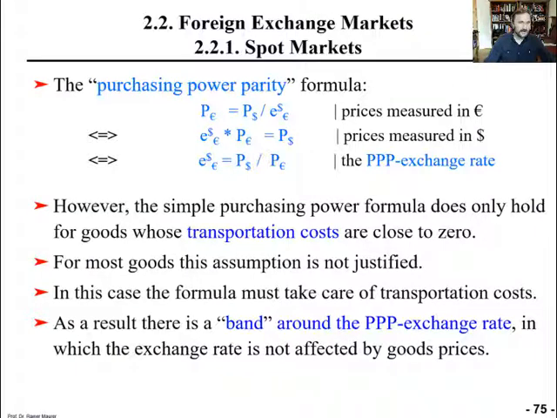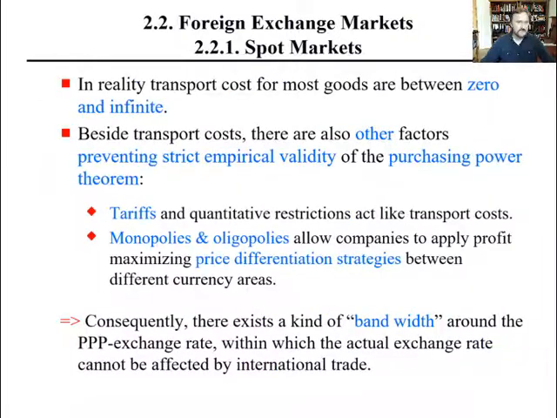As a result, there is a band around the purchasing power parity exchange rate in which the exchange rate is not affected by goods prices. In reality, transport costs for most goods are between 0 and infinite.